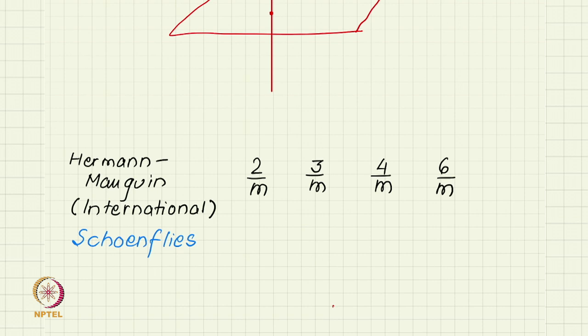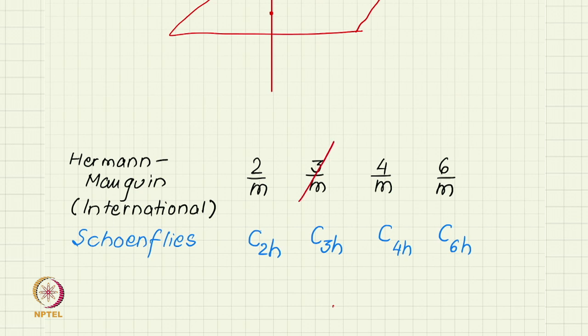The Schoenflies notation is C2h, C3h, C4h and C6h.